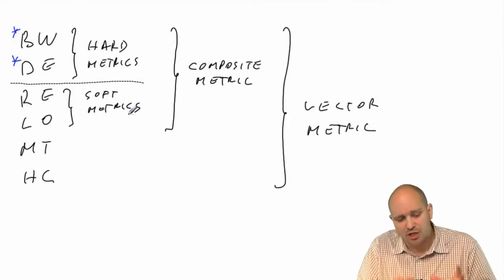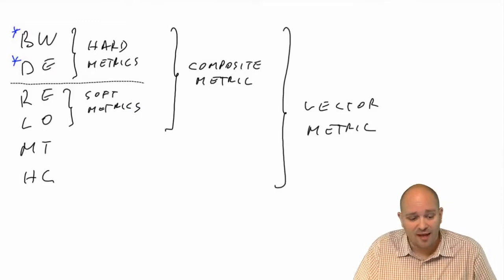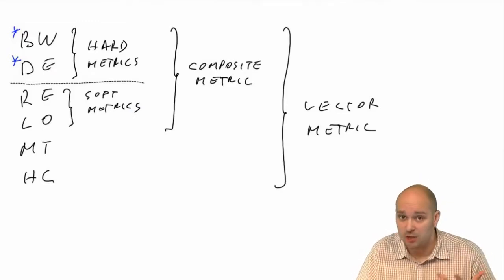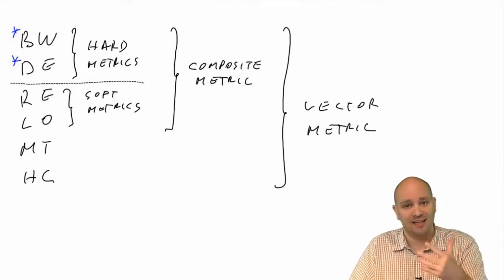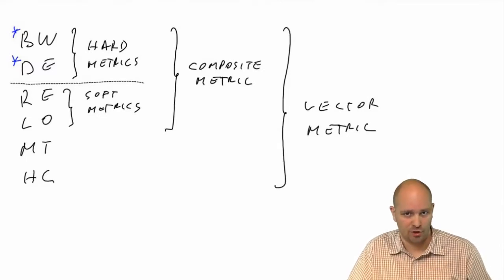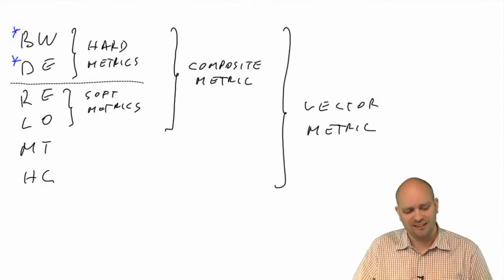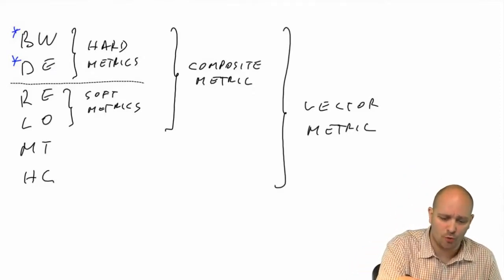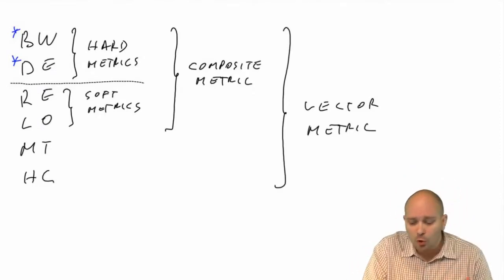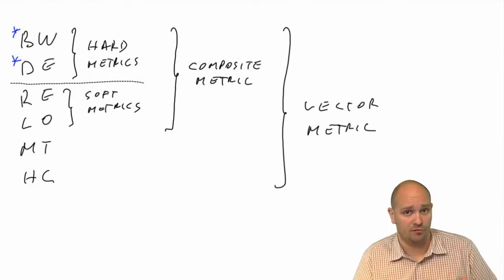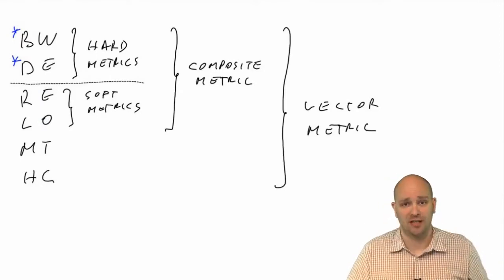However, a change in soft metrics, that means if reliability or load change on an interface, does not itself trigger a reconvergence event. So if the reconvergence event was triggered by a change of hard metrics, the snapshot value of reliability and load would be taken at the time of the convergence event and used to advertise the routes.